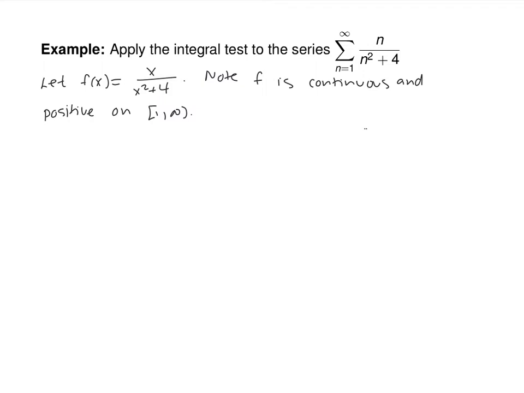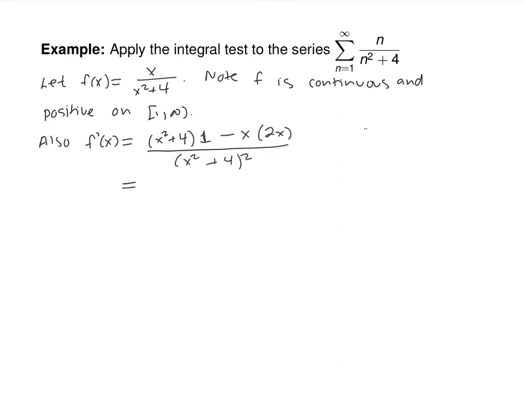Okay, now to establish decreasing, let's use a derivative. So f prime is equal to the lower function multiplied by the derivative of the upper function minus the upper function times the derivative of the lower, all over the lower function squared. And that will simplify to 4 minus x squared over x squared plus 4, the quantity squared.